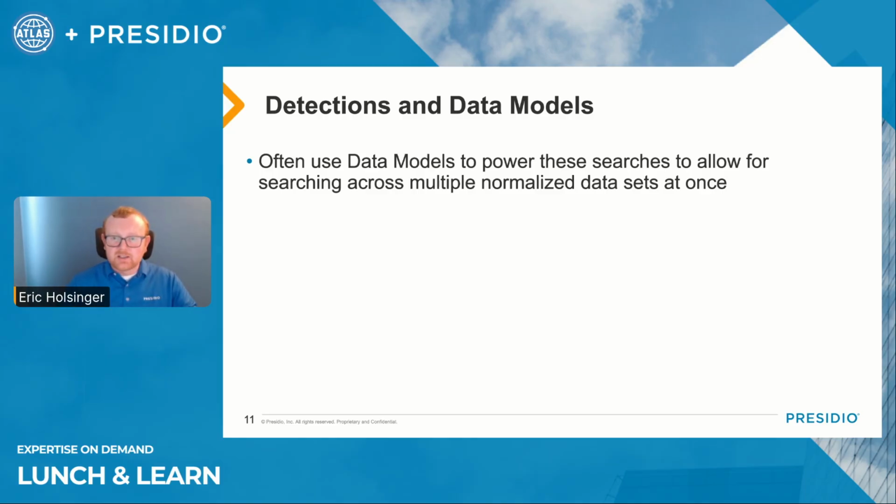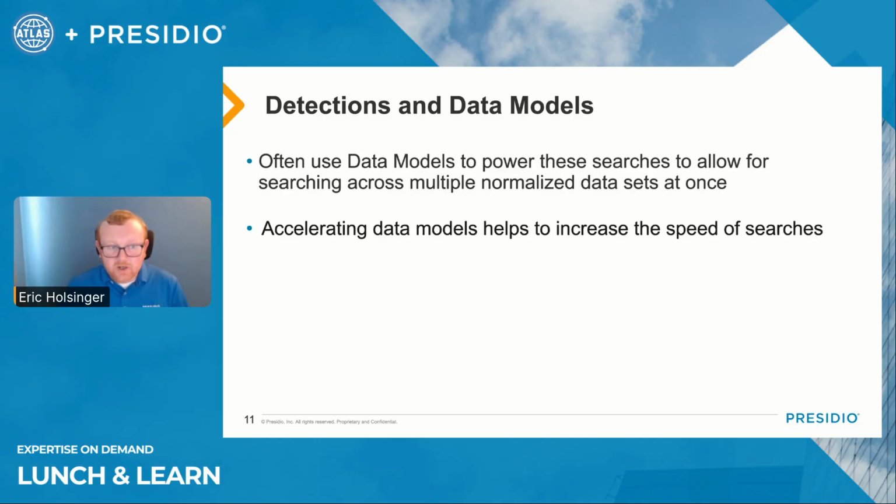And then we could normalize the fields within those 7 disparate data sources so that if one's called source IP, one's called SRC IP, one's just called SRC, those can all come in into the same field. And that's kind of the benefit of data models.